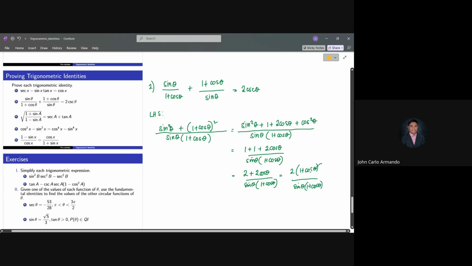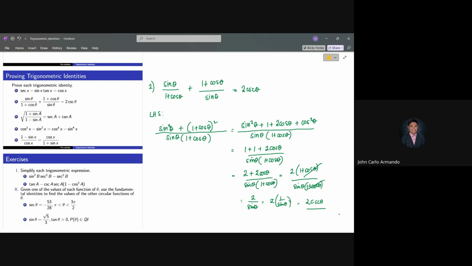So as you can see, we can now cancel 1 plus cos theta, and now we have 2 over sine theta. And we know that this is the same as 2 times 1 over sine theta. And by reciprocal identity, 1 over sine is equal to cosecant theta. Therefore, we now have 2 cosecant theta. Any question on that example?